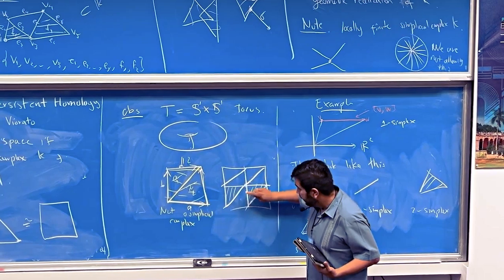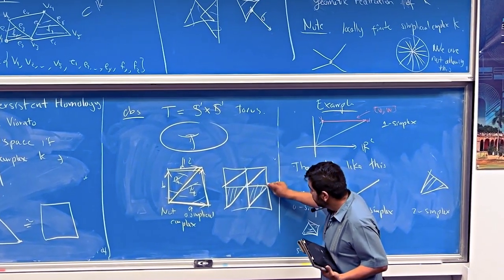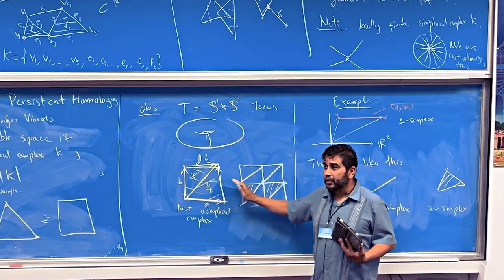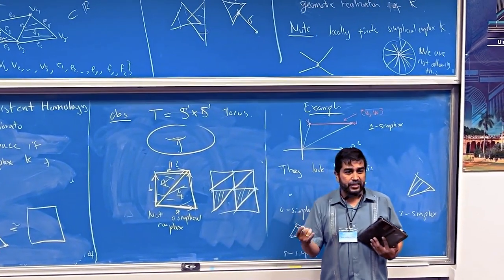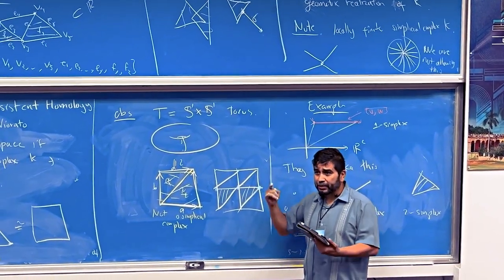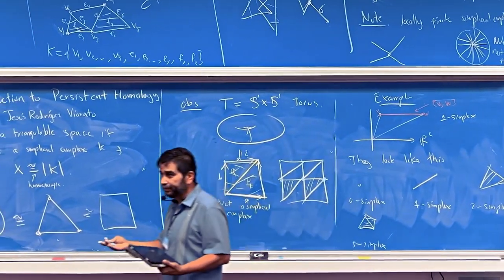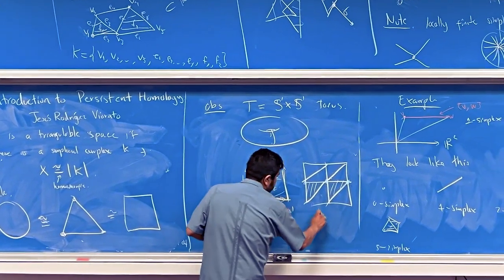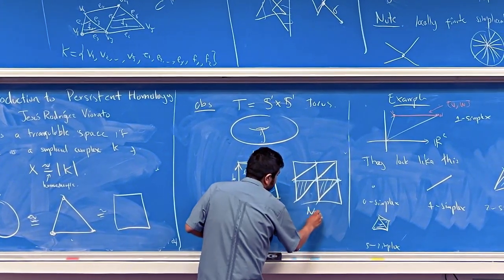It's the point here, but also this point here, which is identified with this other point. So the intersection is 2 points, which is not a face. Each of them is a face, but together they are not a single face. So that's why this doesn't work either. So, not a simplicial complex.